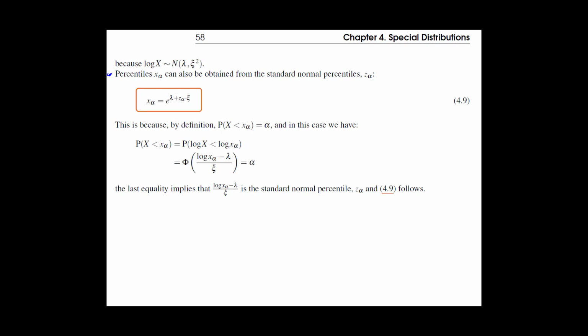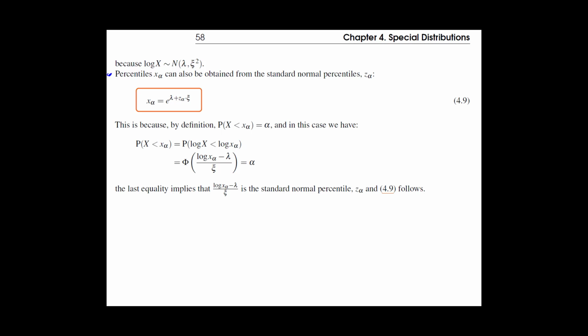So that's the formula that we're going to use. That's the percentile of the log normal random variable, and that's the percentile of the standard normal random variable. You can see that this is because of the same derivation we did for the median, but we do it for any percentile x alpha.